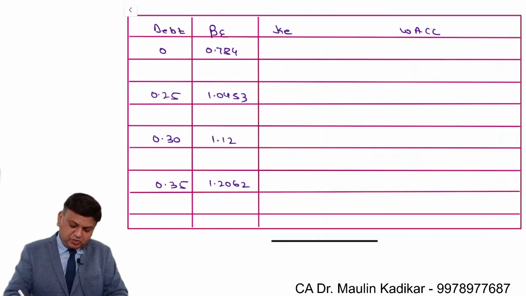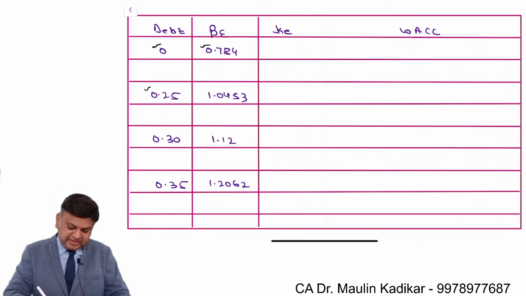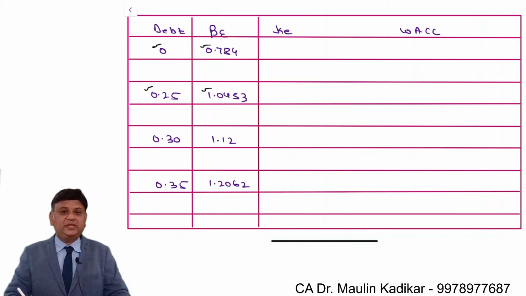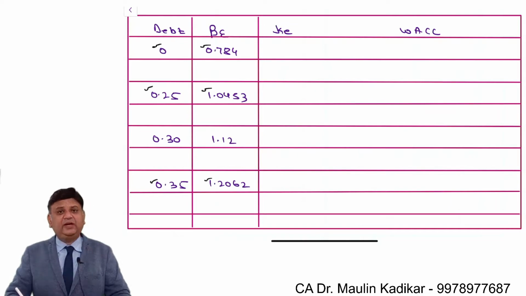If there is a situation wherein there is no debt financing, then the beta of the equity is the beta of unlevered equity, 0.7840. We are going to keep 25% debt, then in that case the beta of levered equity is found by us. In case of 35%, again we have made a similar calculation.